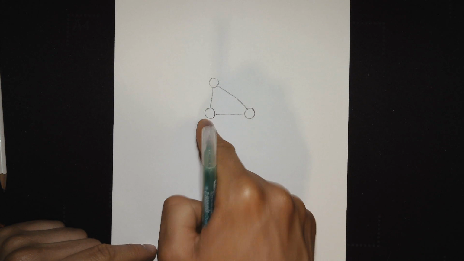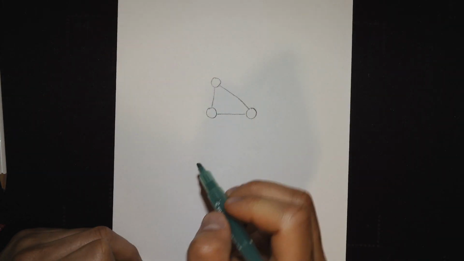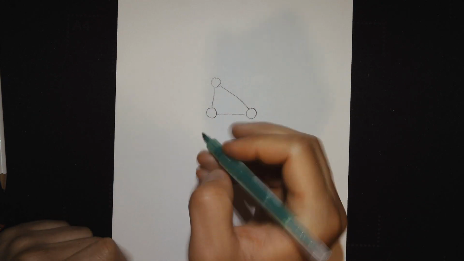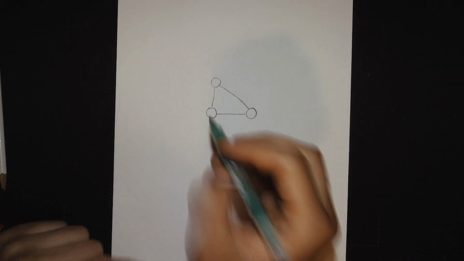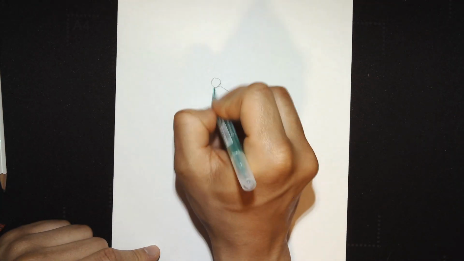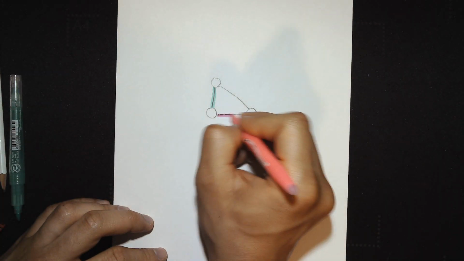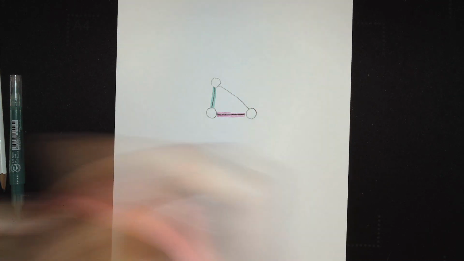We can start with this vertex here, and we know that all of the edges that touch this vertex have to have a different color because they would be considered adjacent, because they share this vertex. That would be these two edges, so we can assign each of these edges a different color or label.